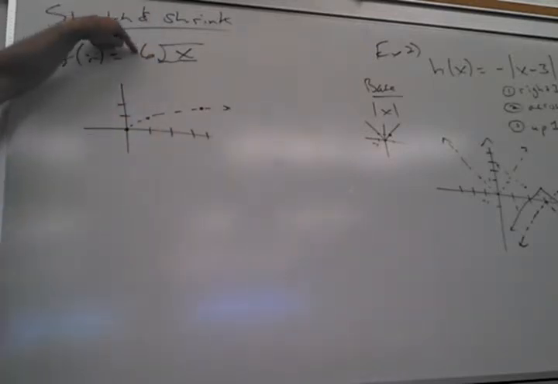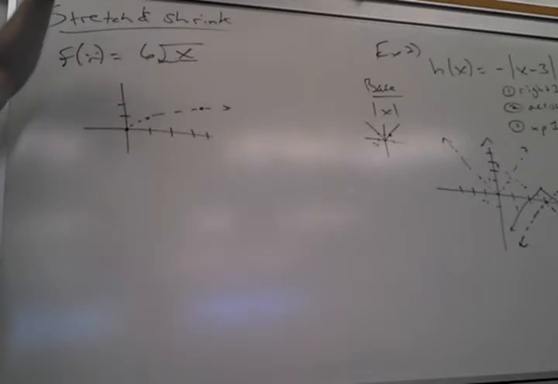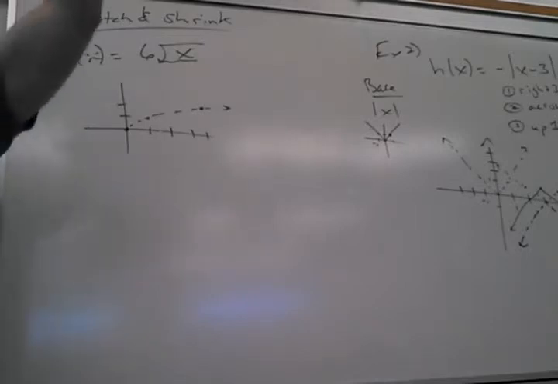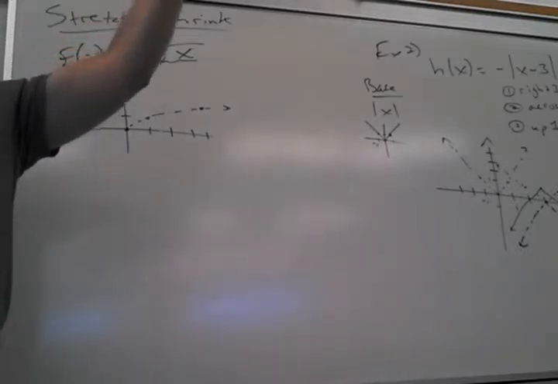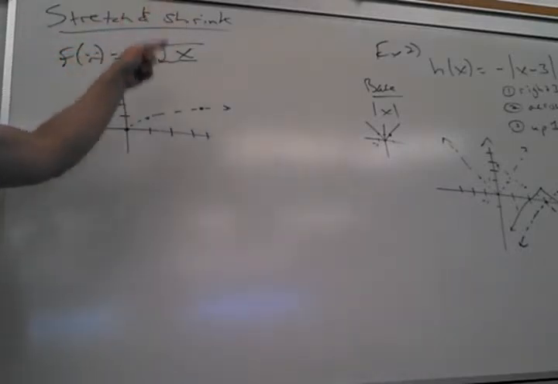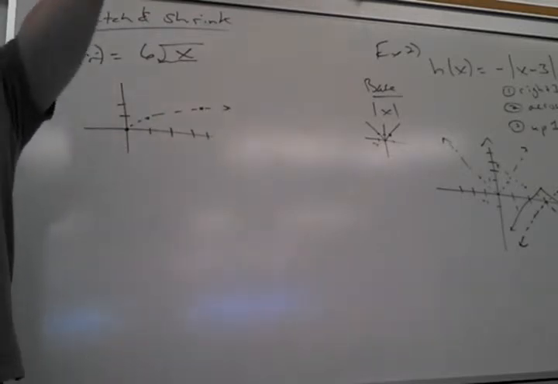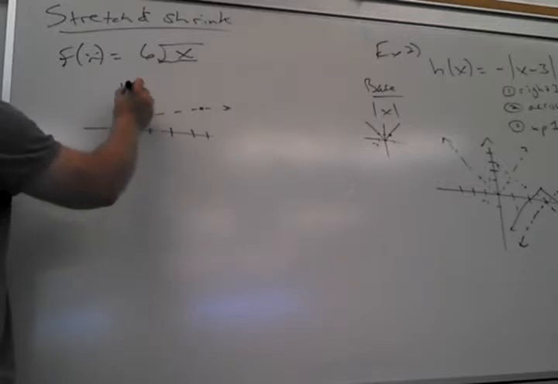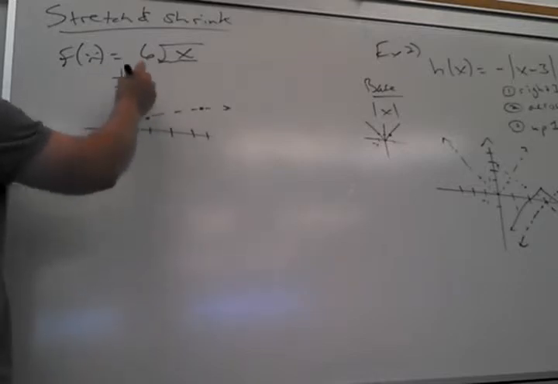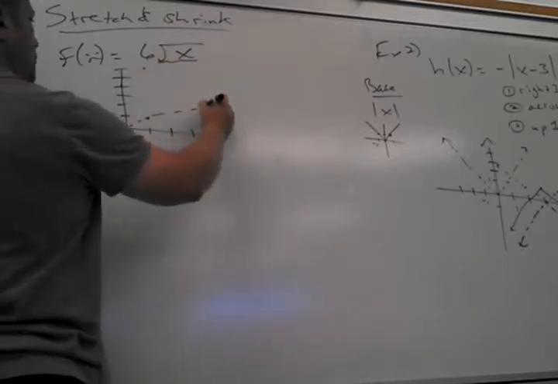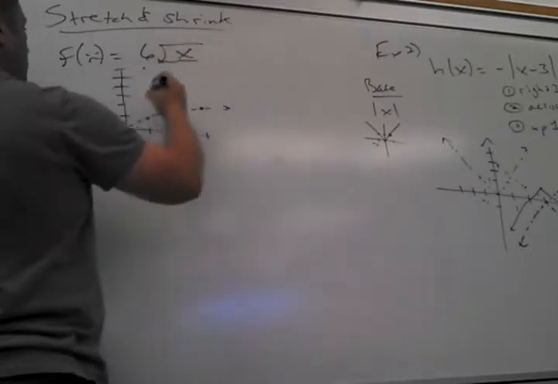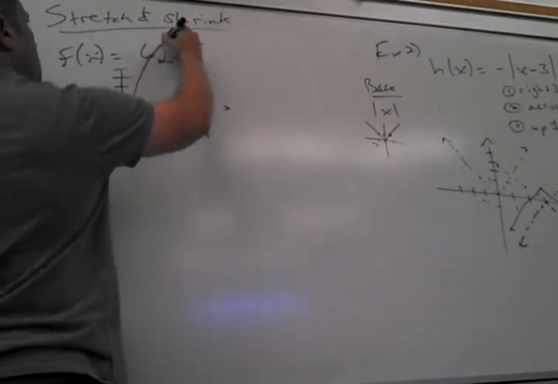And then all I do is take all the output values, and that's why they call it stretching, vertical stretching. But it doesn't matter if you remember it's called vertical stretching. It's outside, so it'll actually do what it says. It'll multiply by 6. So this output was 1, it's now going to be 6. This output was 2, it's going to be 12. So now this thing is going to look like, wow.